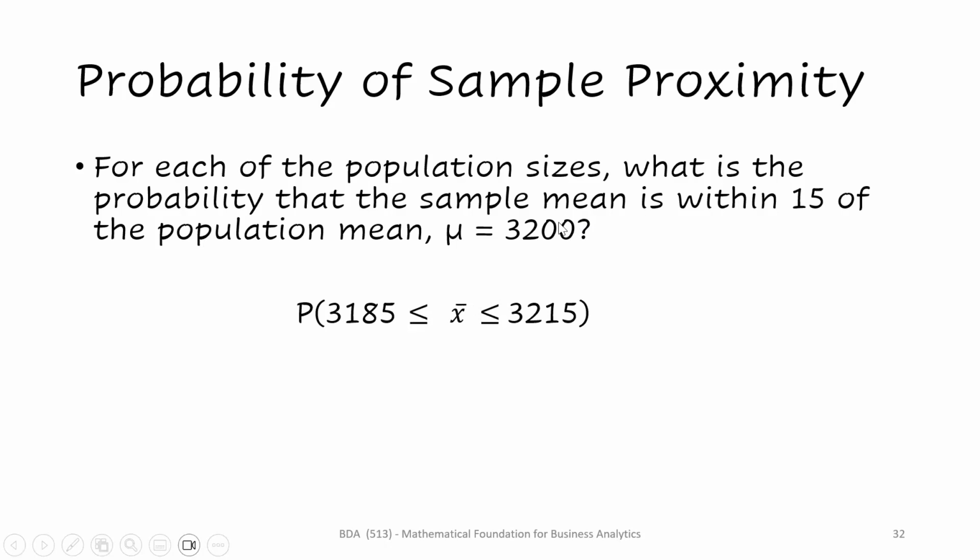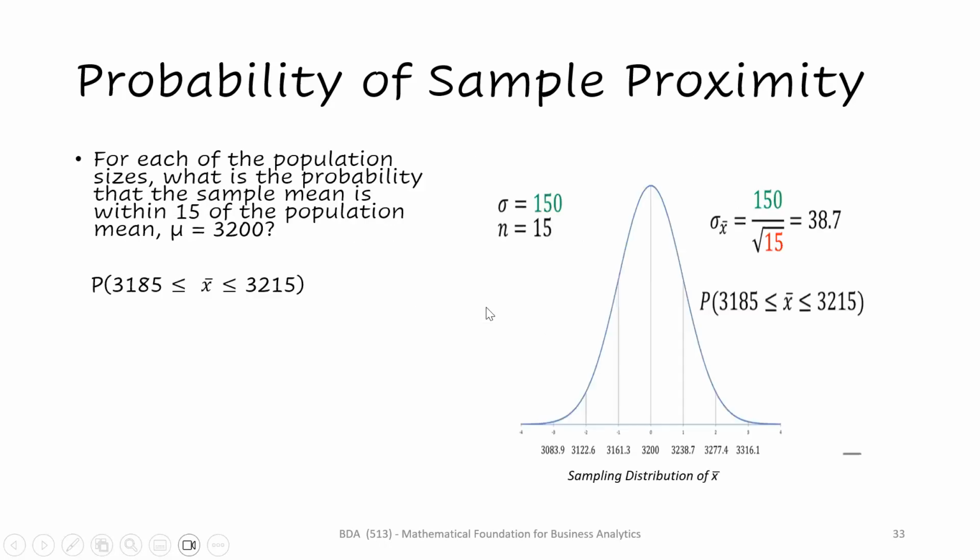So here we have a range, the lower value being 3,185, that is 3,200 minus 15, all right? And then the upper value is 3,215. So we add 15 to the mean and we deduct 15 from the mean. That's what gives us the upper value and the lower value. So this is the range.